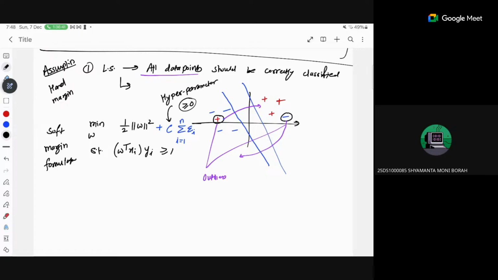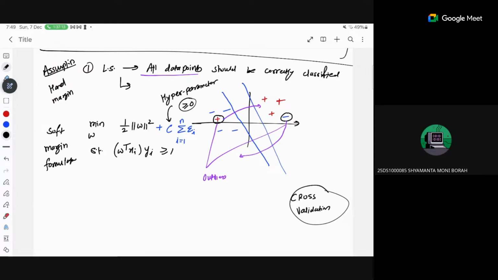C is the hyperparameter. How should we find these hyperparameters? By the cross validation technique. I think we have seen that kind of parameter previously. In the previous week it was lambda, the regularization parameter. Like that, C is a hyperparameter, and it has to be found by the cross validation technique.